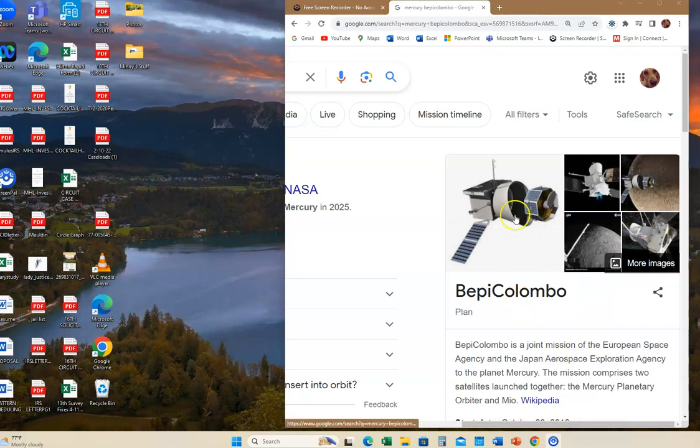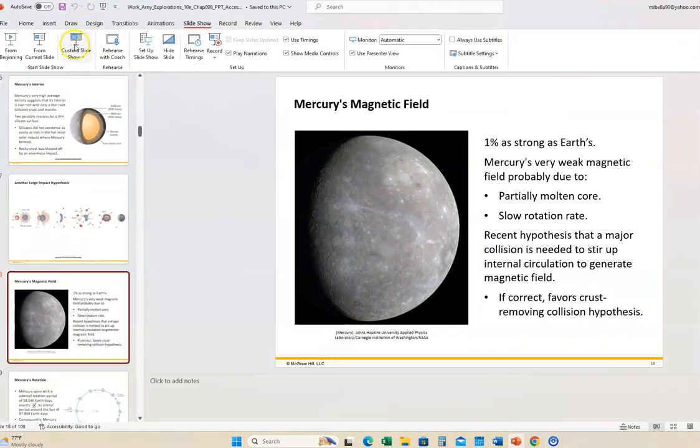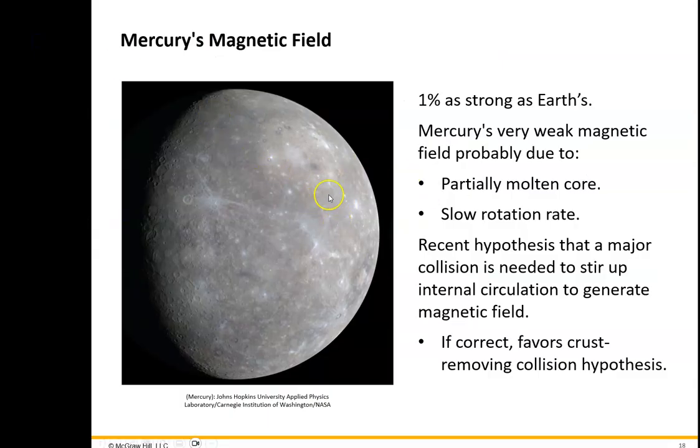Part of it is the Japanese spacecraft and part of it is the European spacecraft. So that's Bepi Colombo. Again, that's a future mission to investigate further some of the findings that the Messenger mission gave us.